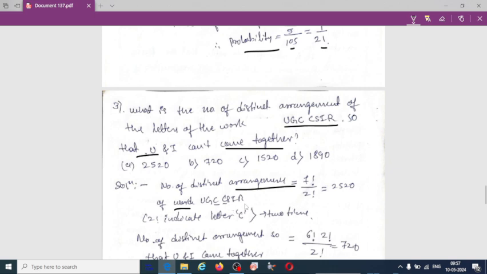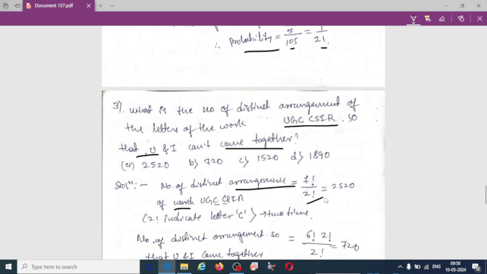How many letters are there? 7. So we should concentrate on U and I, which cannot come together. So the ways of making the arrangement here: 7 factorial by 2 factorial.